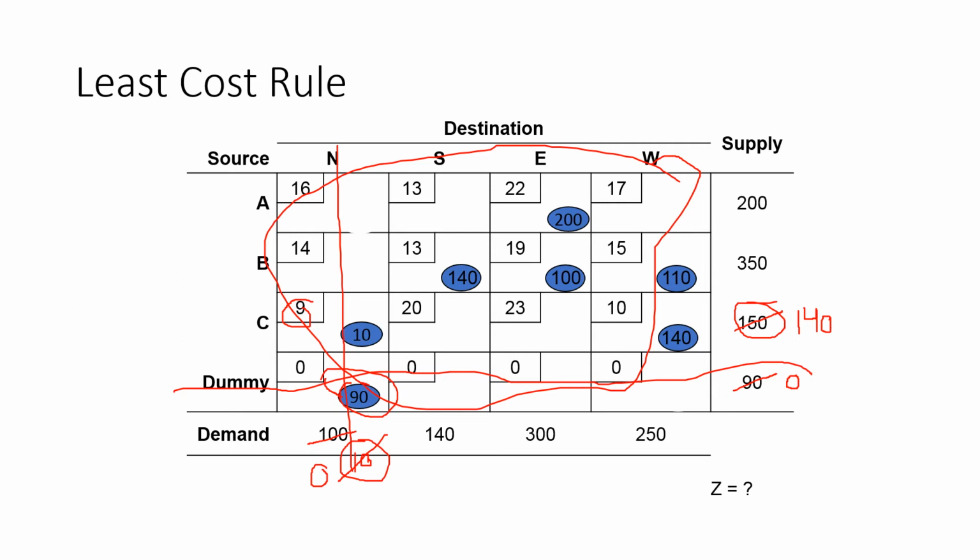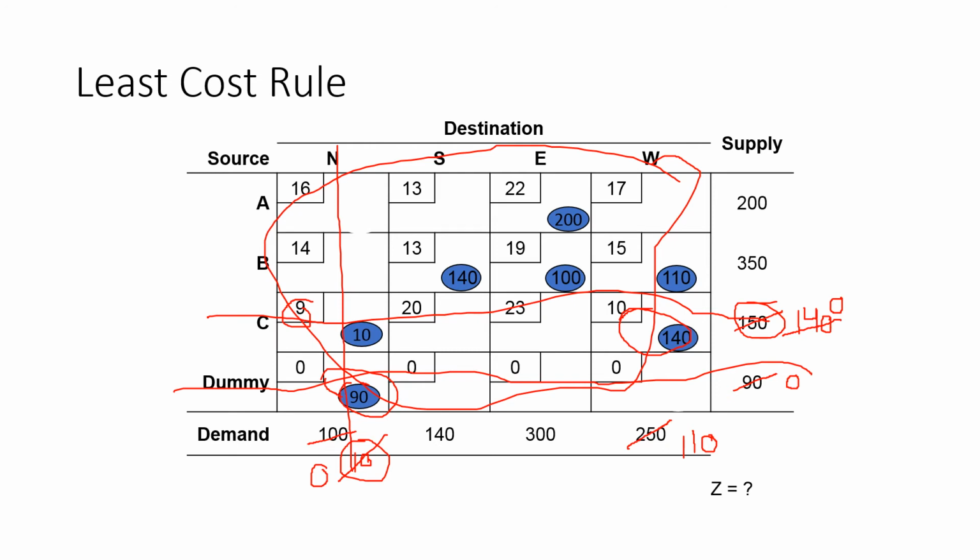And 10 is the minimum cost, so allocate as much as possible. 140 and 250, the minimum is 140, so allocate 140. This becomes 0, and this becomes 110, and the 0 goes away temporarily, and I'm left with the first 2 rows only.